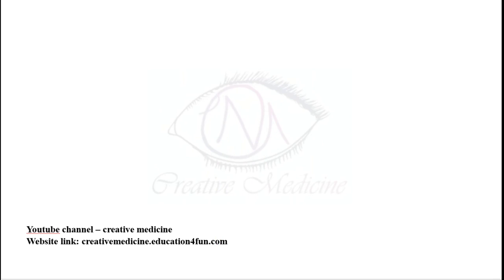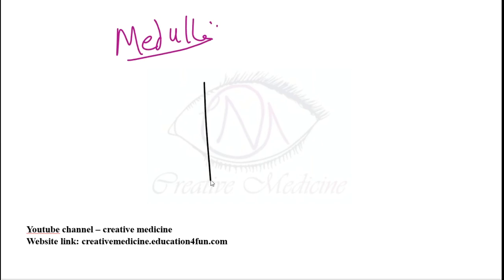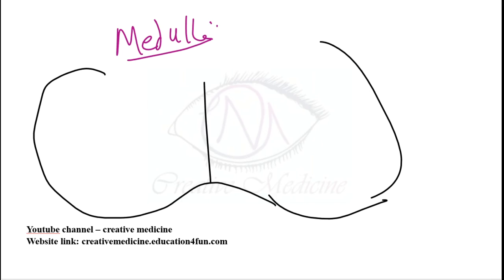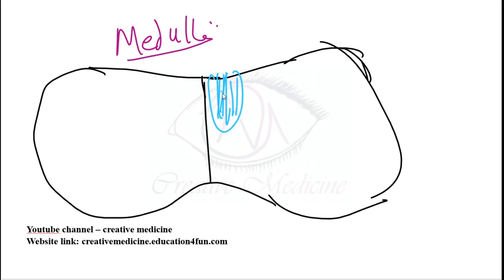Then we have the medulla. If there is any lesion in the medulla, first we will see what is there. First you will have the corticospinal pathway.